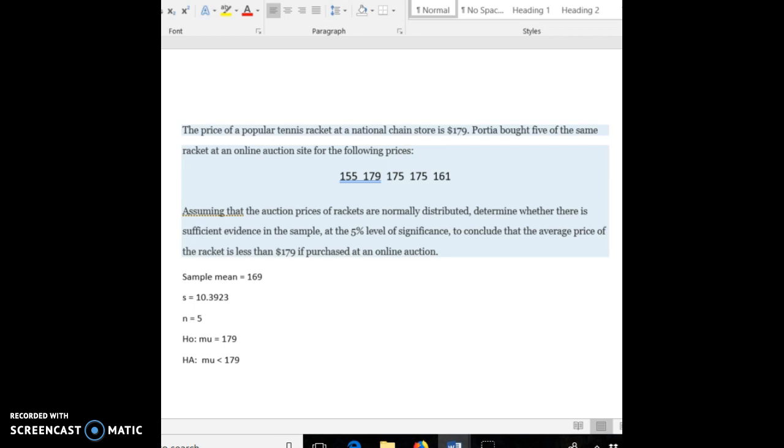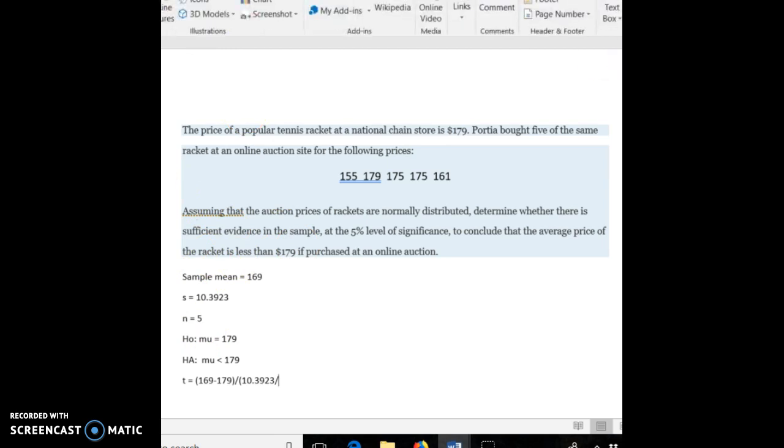All right, first thing we want to do is find our test statistic. Since we have the sample standard deviation and not the population standard deviation, we're going to do our t calculation. So we will have on the top our sample mean was 169 minus the mean we have in our hypothesis, 179, divided by our standard deviation, 10.3923, divided by the square root of our sample size 5.